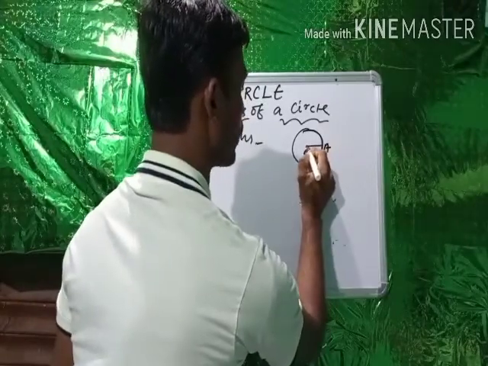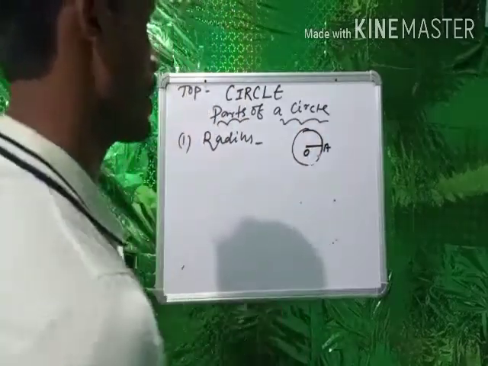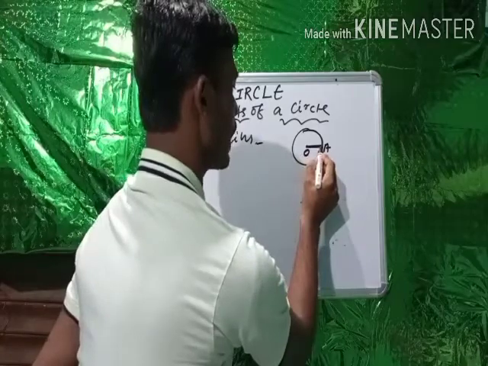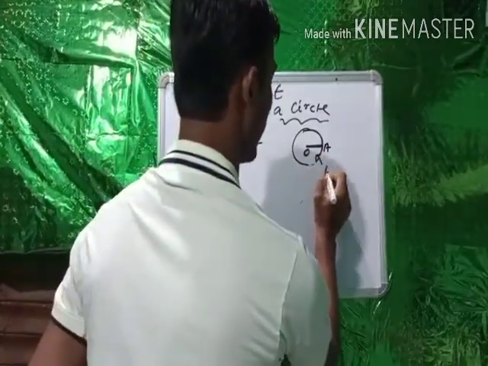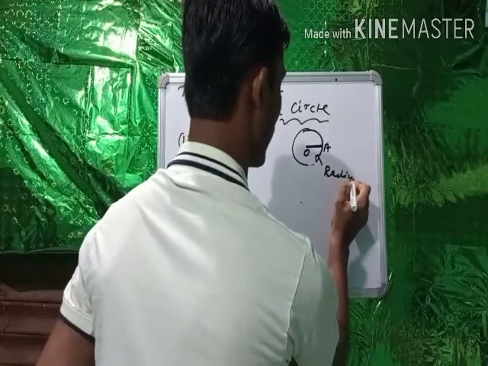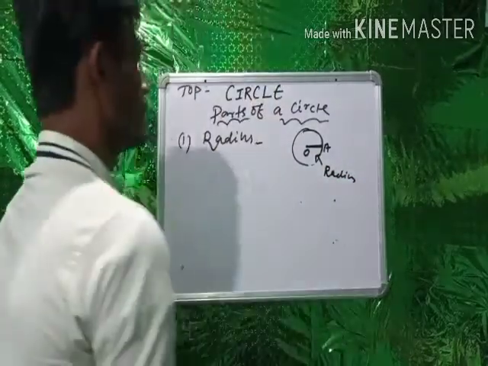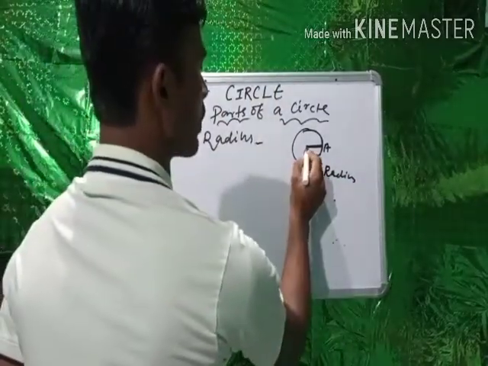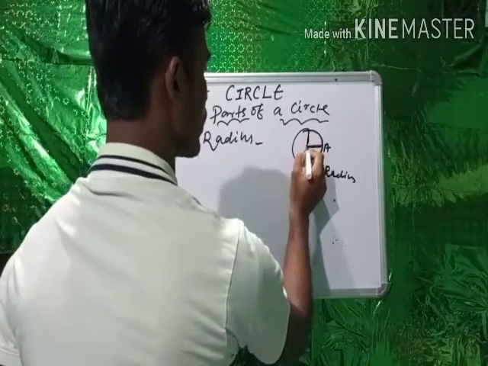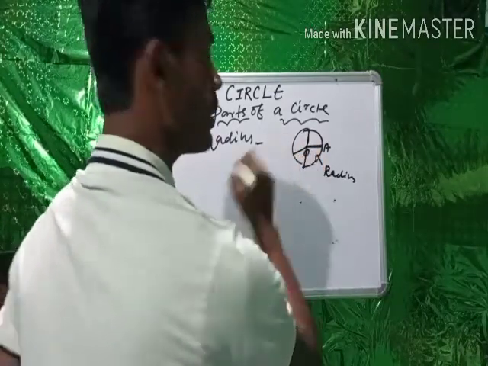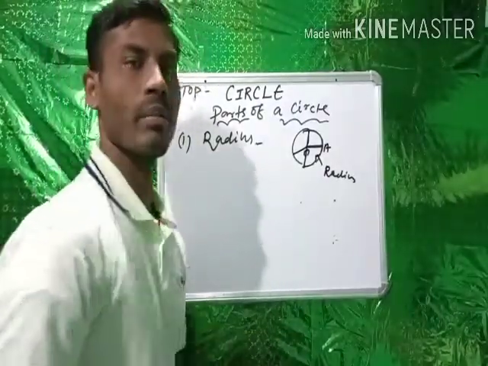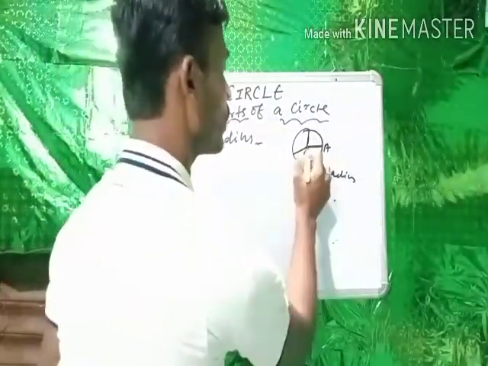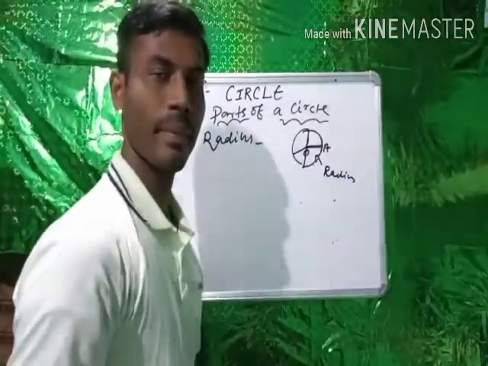OA, you just look at OA. The distance from the center to its dimension is the radius. The radius from the center to all the points is equal. Do you understand? The radius is the distance from the center to its outer rim.